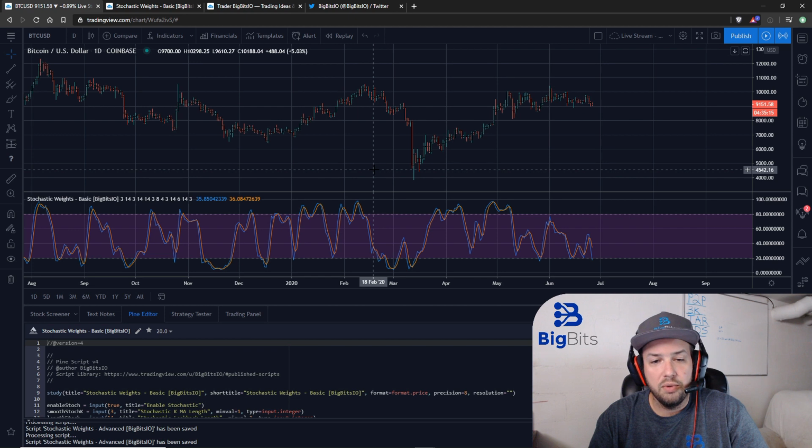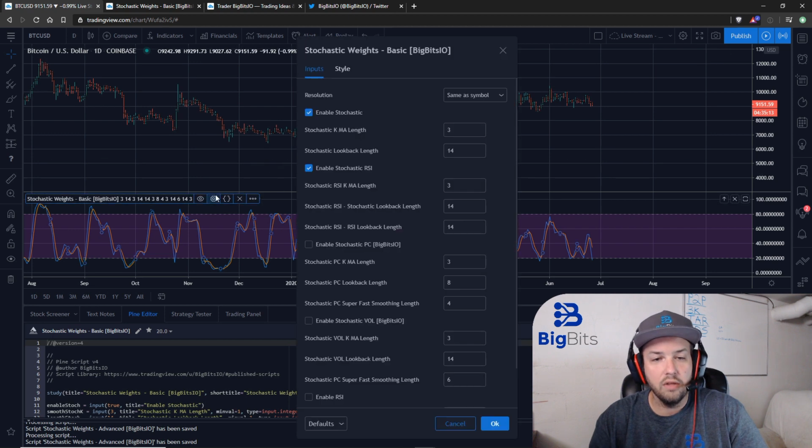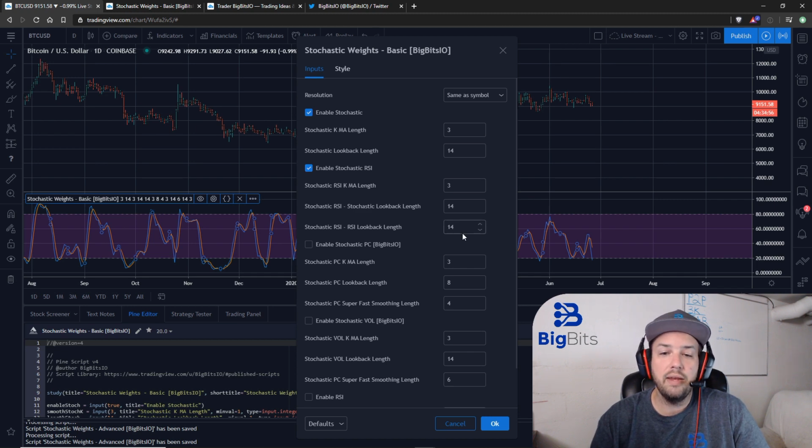And what we're going to be doing is, instead of weighting all of these equally, we're going to add another option to all the indicators and allow you to specify a weighted value. So if we're just using the stochastic and the stochastic RSI, and we wanted the stochastic RSI to be twice as valuable as the stochastic, we would weight it with a value of 2, and the stochastic would be a value of 1, so it would be worth twice as much as the stochastic.